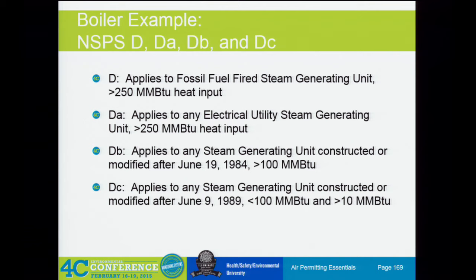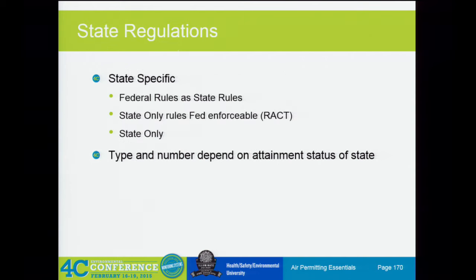Then they added in the electric generating units, then those over 100 million BTUs, and now we're down to over 10 million BTUs, right? They're pulling in more and more to the applicability, okay? So it's not always based on time for series.